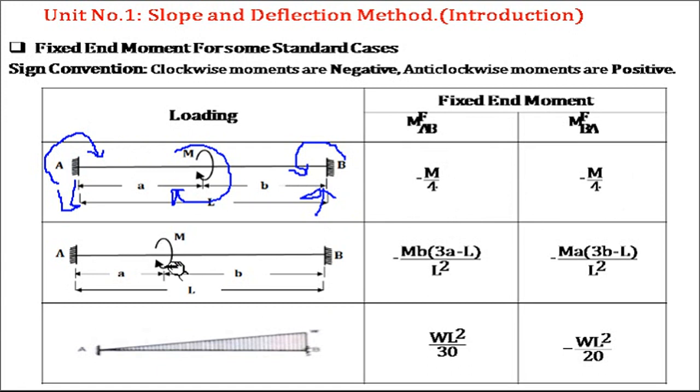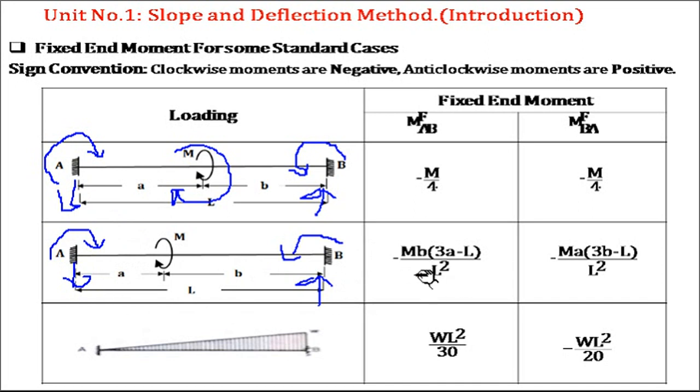Now the moment acting away from the center, again here the moment is acting in the clockwise direction, so again the resisting reactions will be in this way. Due to that, the structure will have the fixed moment at B in the clockwise direction, as well as at A it will be in clockwise direction.